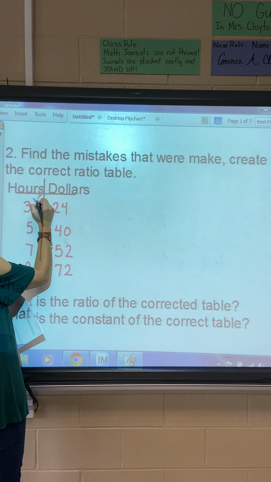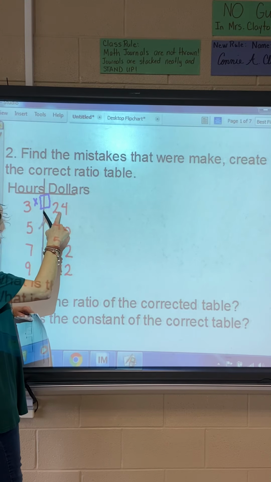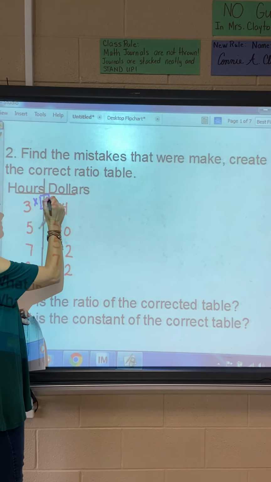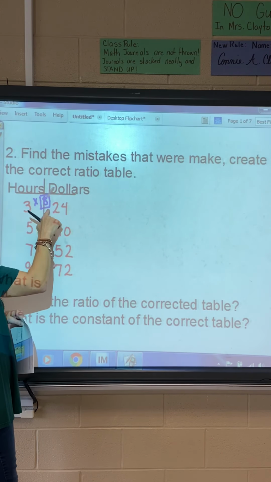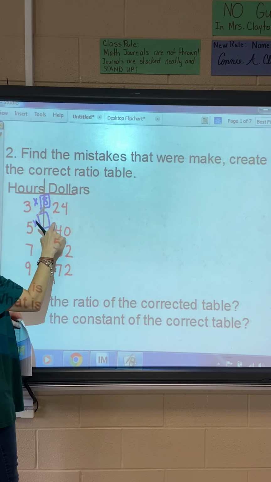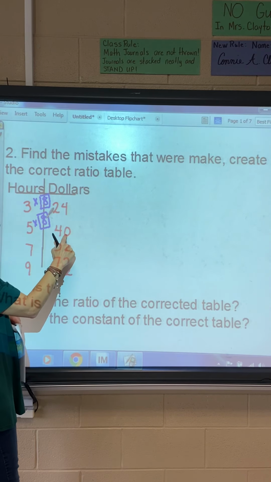Okay, so what could I multiply by 3 to give me 24? 3 times 8. Okay, 3 times 8. So that should be the constant. 5 times 8 is 40. That's the constant.